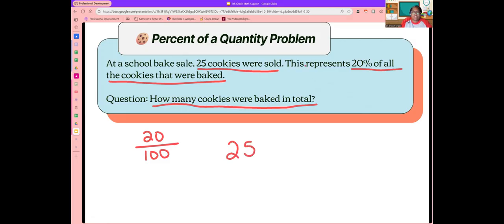This represents, so this is telling us it is equal to 20%, which we already found was 20 over 100, of all the cookies that were baked. So 20% of, whenever we're finding the percent of a number, that is multiplication, and all cookies.